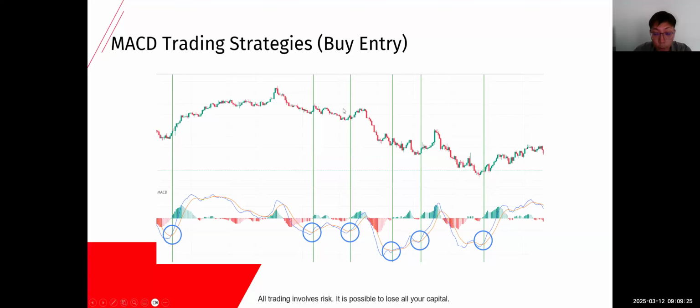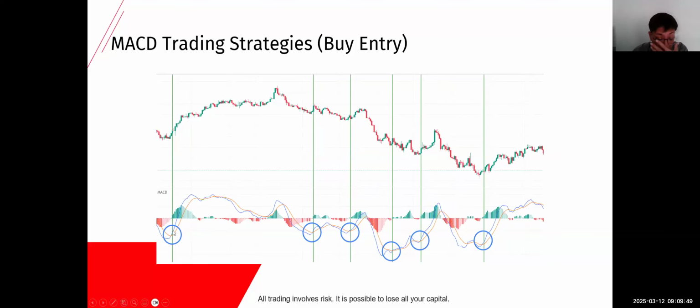If you base off the crossover only, you can see there are many crossovers right here indicating many buy entries. Then this is considered a weak buy entry, because how to tell whether it is a strong buy entry or a weak buy entry is the distance between the blue line and the orange line itself.